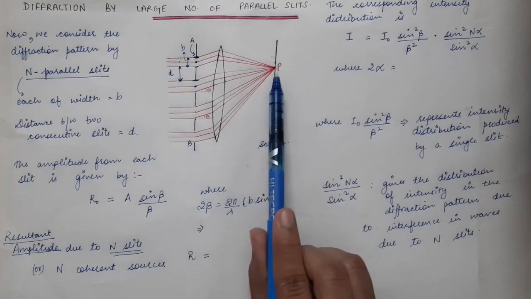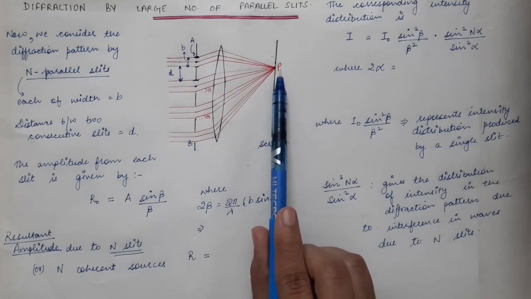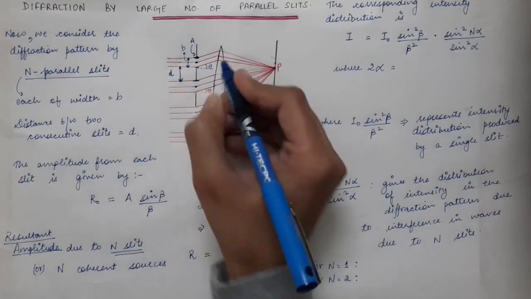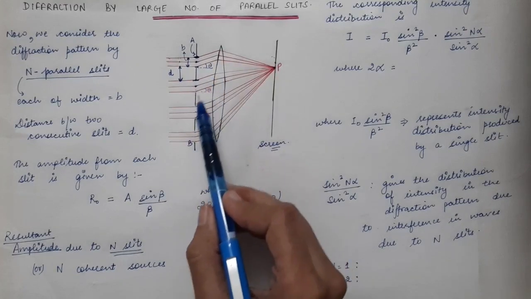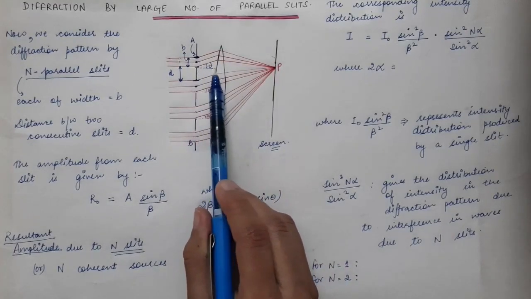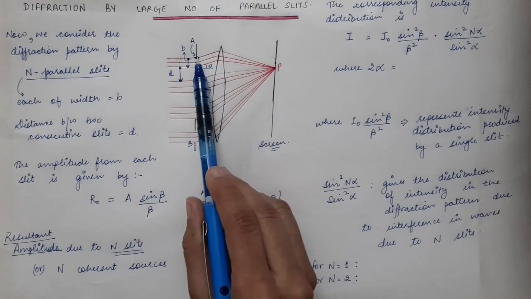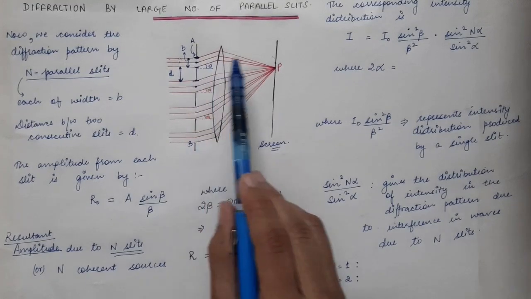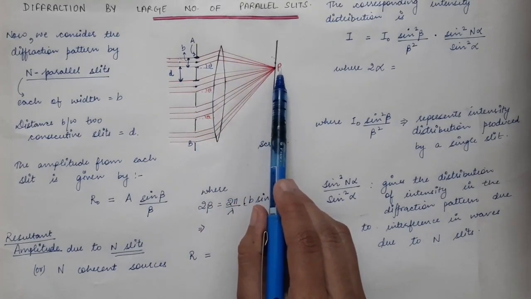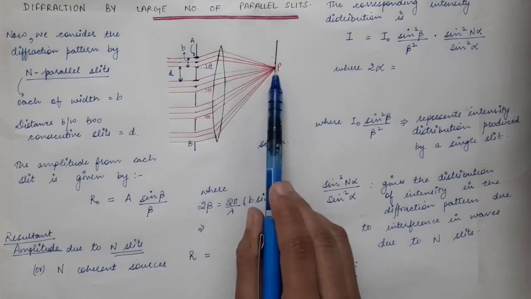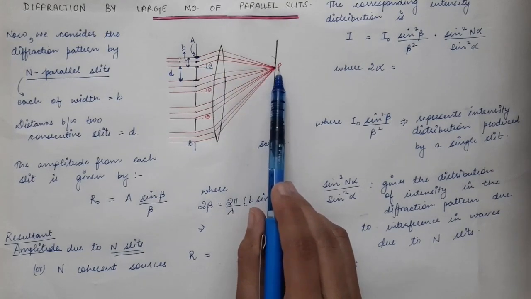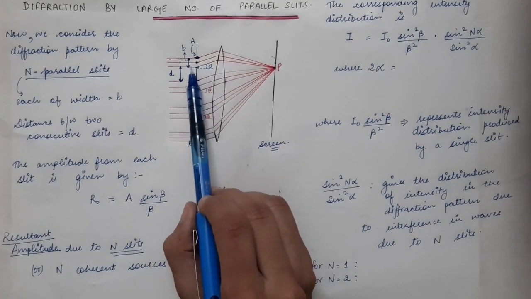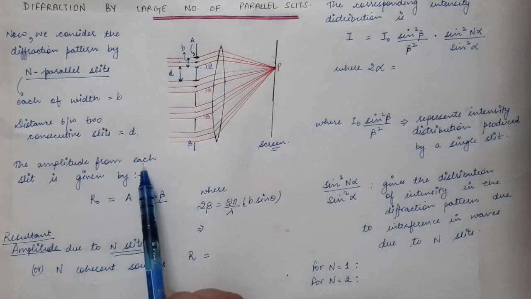Let's say at point P, which is the observation point on the screen, the angle of diffraction is theta. All these parallel rays which are drawn make an angle theta with the horizontal, and these rays from a single slit will cause some diffraction pattern at point P. So they will cause a particular amplitude of light at point P. We are talking about the amplitude from each slit.